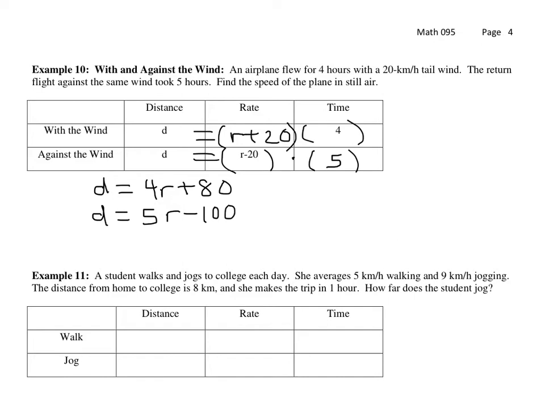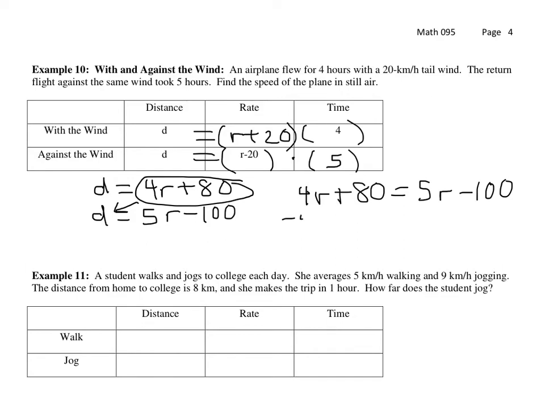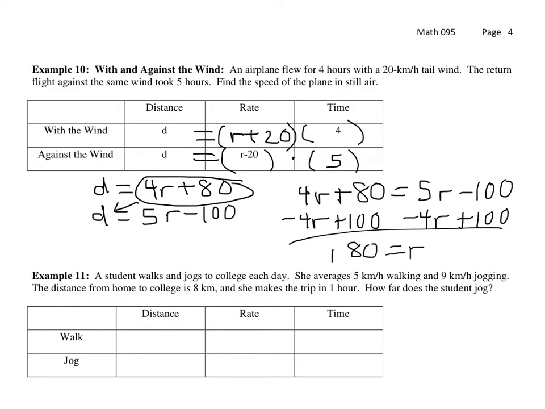We traveled the same distance regardless. D is 4r plus 80. Let's substitute that into the second equation. So we get 4r plus 80 equals 5r minus 100. Subtract 4r from both sides. Add 100 to both sides. We get 180 equals r.